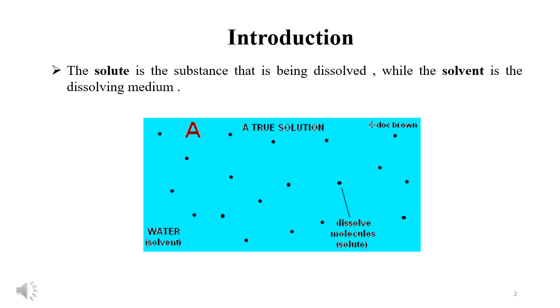Dissolved molecules mean solute and water is here the solvent. So you can easily understand what is solvent and what is solute. For example, if we are dissolving 100 grams of sugar in 1000 ml of water, water is solvent, sugar is solute. After mixing it, a solution will form, that is called a monophasic system.